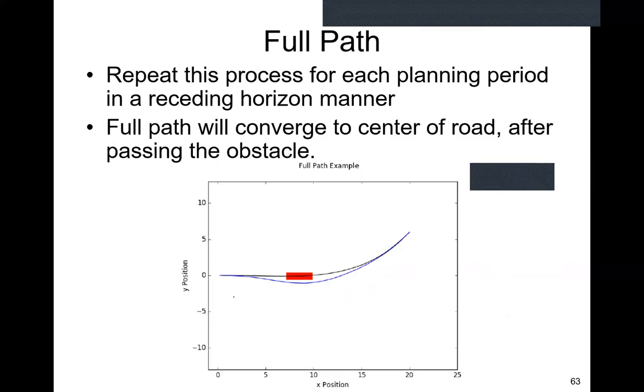Every time you move one time step forward, you redo the process, similar to MPC. For this case, the full path that you actually traverse will converge back to the center of the road after passing the obstacle. The blue line is the final path that you have generated based on the lattice planner.